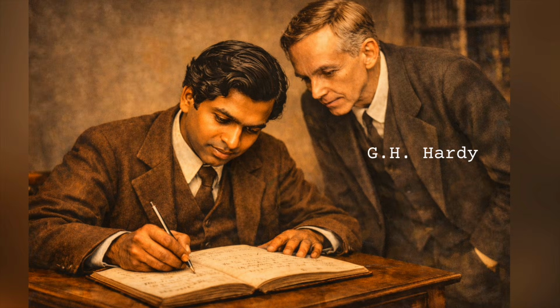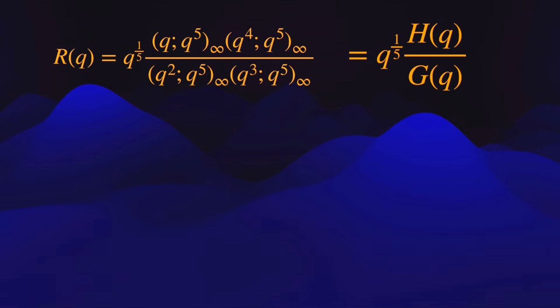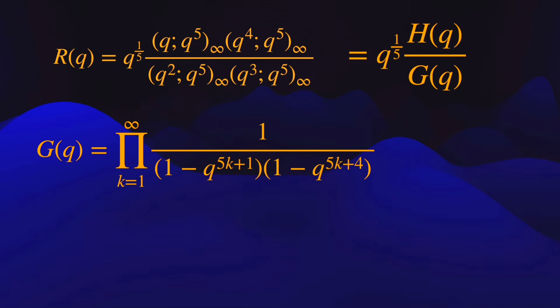It would be Ramanujan's collaboration with G.H. Hardy that brought his genius to the world's light. Central to Ramanujan's way of thinking, to create ratios of mod 5 slices to see what other secrets they hold, he would now use the product form of h of q and g of q to examine what they would look like as infinite series.